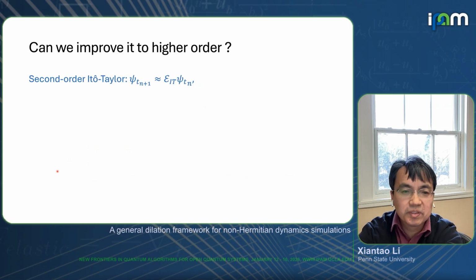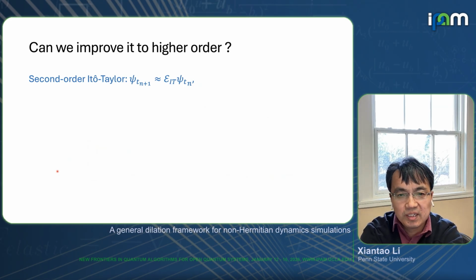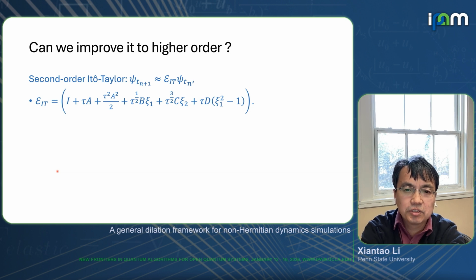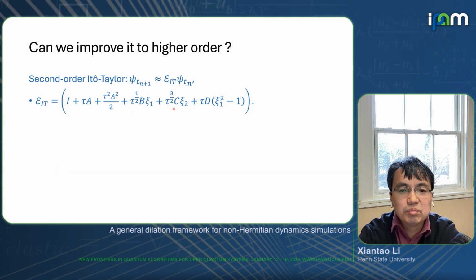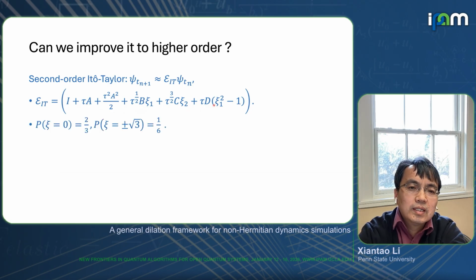So you can also push it to the second order, and this has a nice connection with some simulation algorithms for Lindblad dynamics. You can base this off of the Ito-Taylor expansion for the stochastic Schrodinger equation. So I combined a lot of terms so that we can see these different random variables, the deterministic terms, and these are coming from stochastic integrals. Now, to implement these on the ancilla, you can introduce a discrete random variable that matches with Gaussian up to order 4.